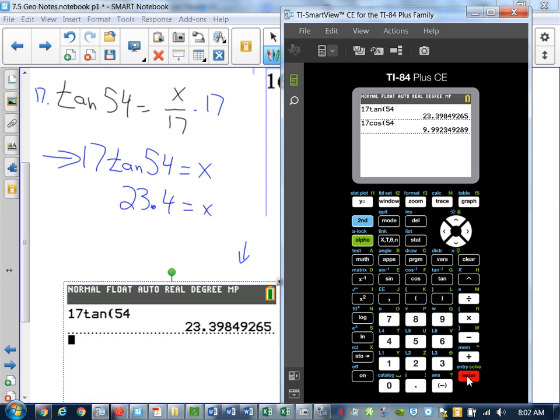Also, if you don't have the calculator on you, or you forgot it, or you're waiting for one to be ordered, you can do all of the work except press the button at the end. Be careful if you use your phone. Your phone probably defaults to radian measure. It's not gonna give you the right answer. You'd have to figure out how to switch it into degree mode. I know there's apps that'll do that, but everybody's stuff is a little bit different, okay?